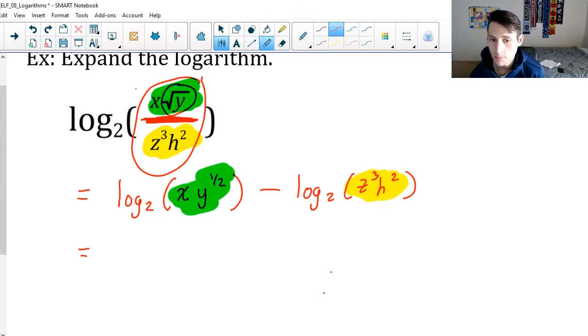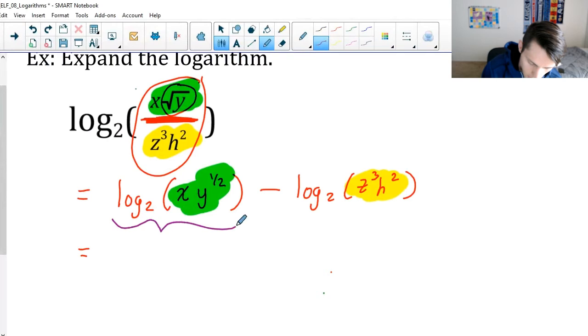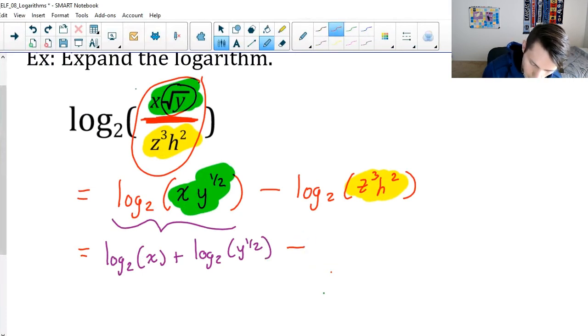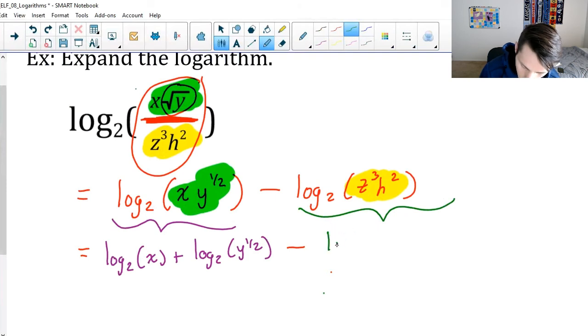So now I'm going to split up both of these, in the same line even. So log base 2 of x plus log base 2 of y to the 1/2 minus, so this splits up into log base 2 of z cubed plus log base 2 of h squared.